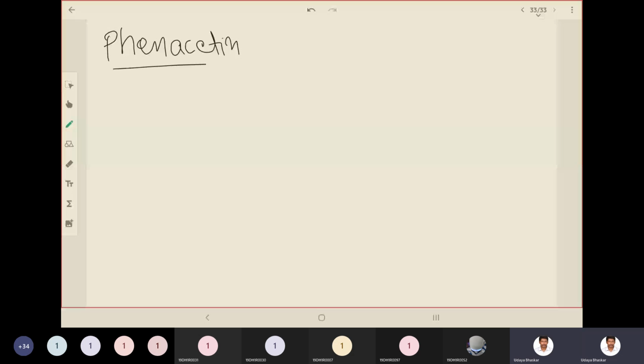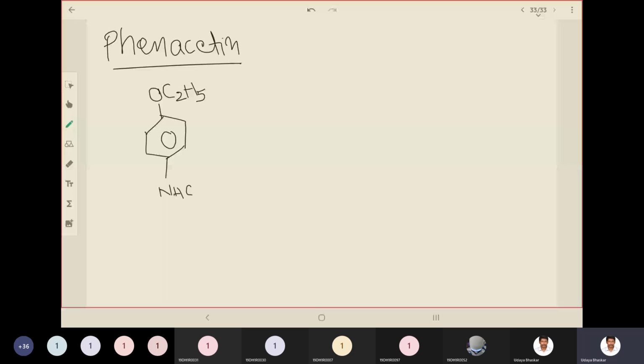It is very simple: a phenyl ring with OC2H5, ethoxy, and here you have NHCOCH3, acetylamine group.